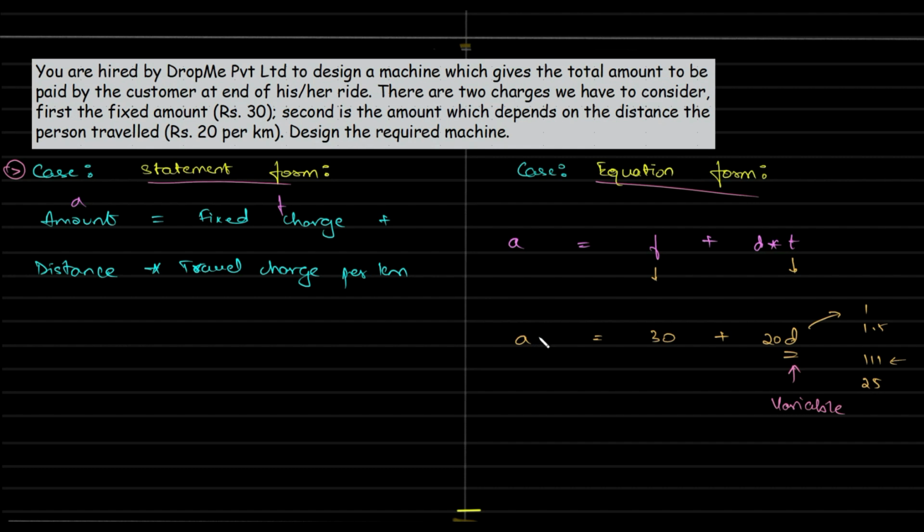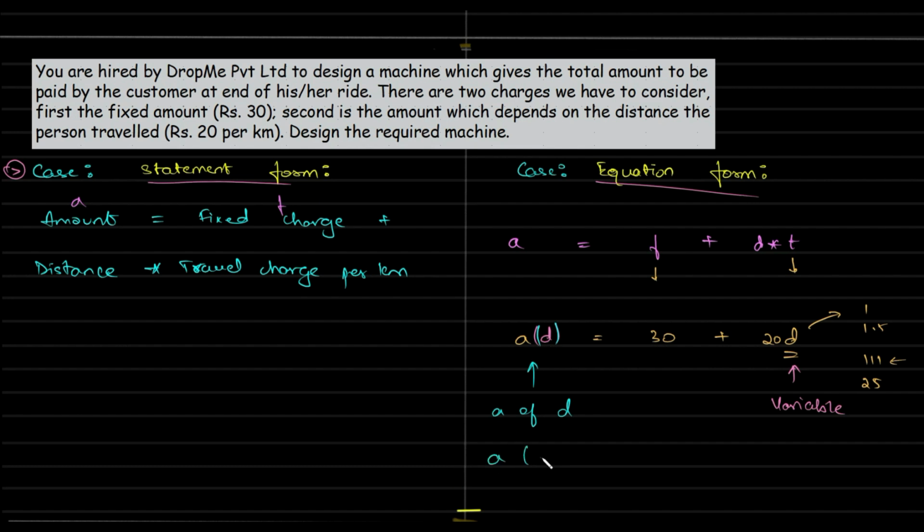So to tell that this amount is dependent on the variable D, I'll represent it this way. This is read as A of D. If you have seen the basic maths, you know that whenever you use this, we read it as of. So A of D. What if A was dependent on something else?